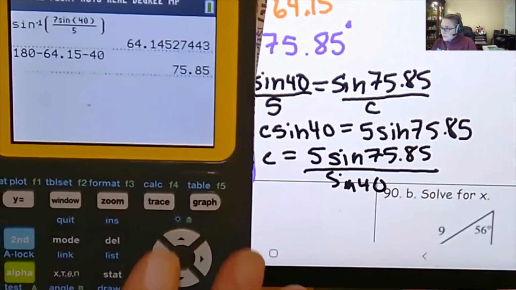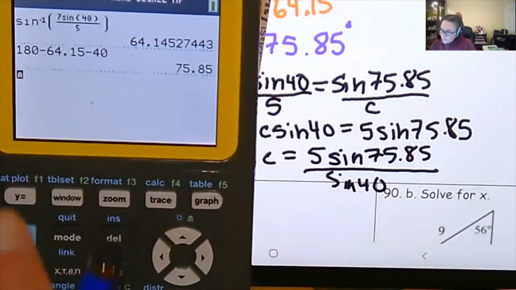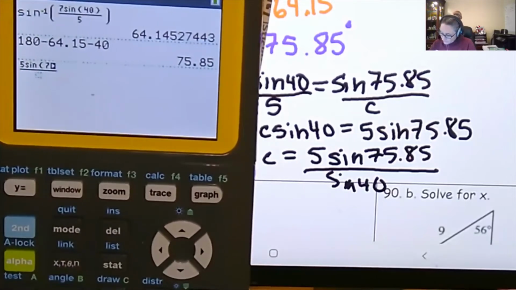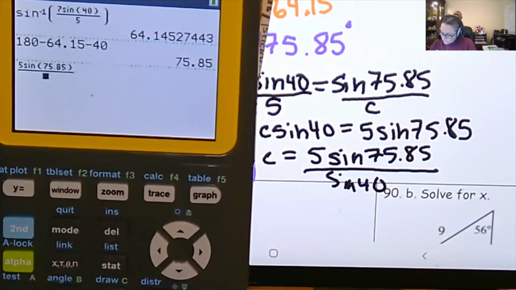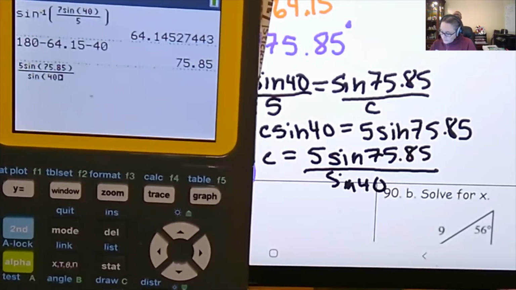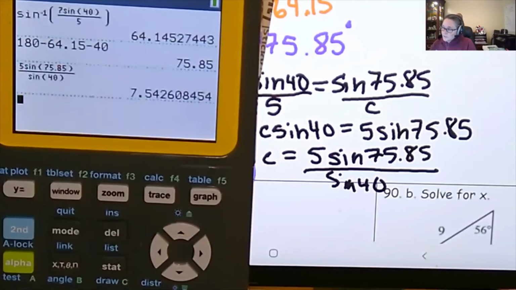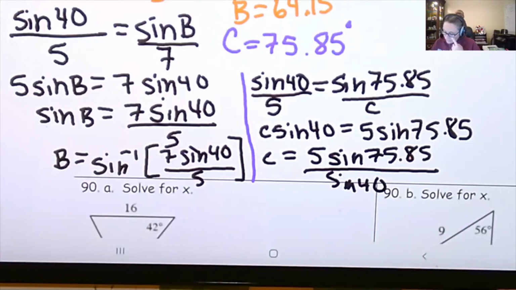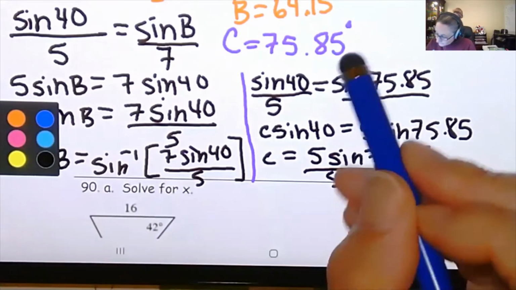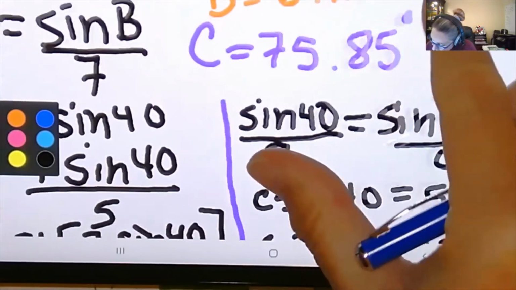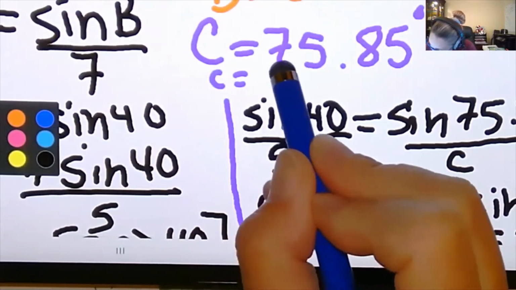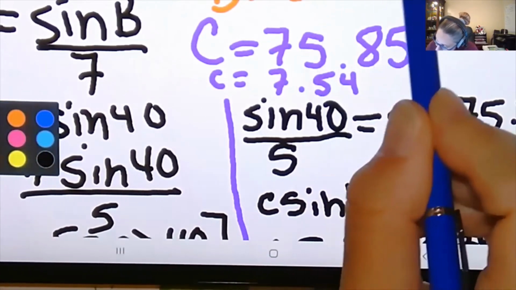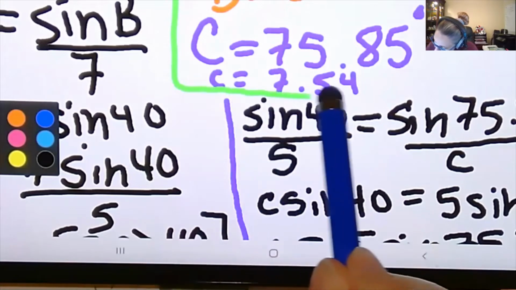Okay, so I am going to do alpha y equal, get my fraction, 5 sine 75.85 over sine 40. And I'm going to get 7.54. So c, little c is equal to 7.54. So here, I'm going to zoom in here. Little c is equal to 7.54. Okay, so these are one triangle.